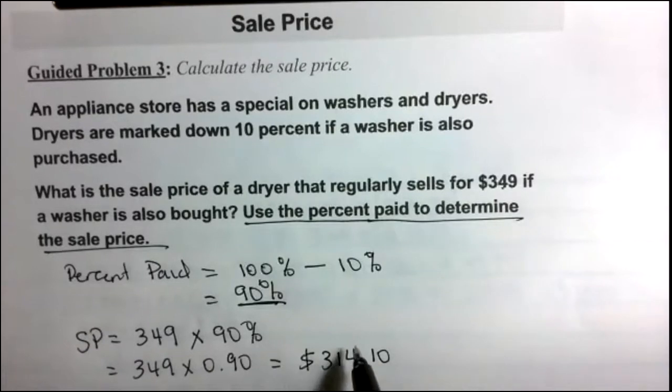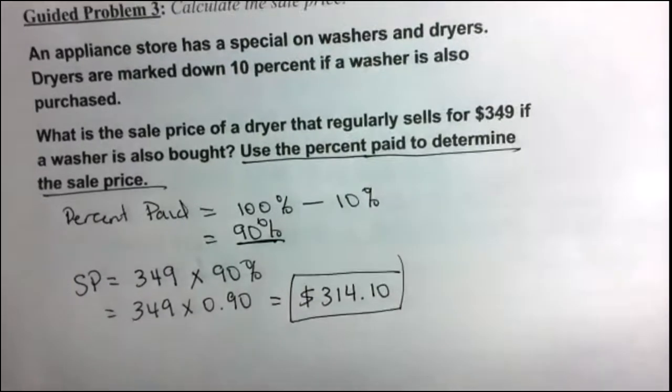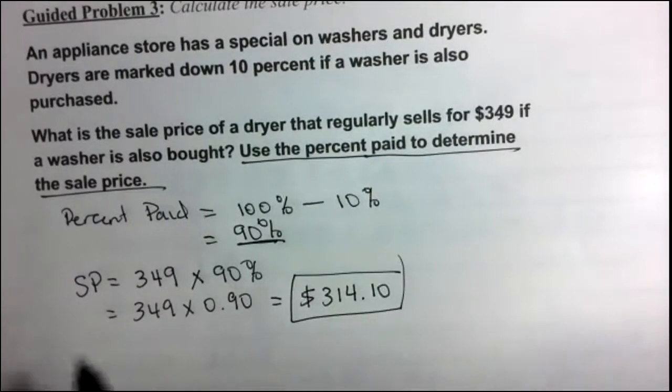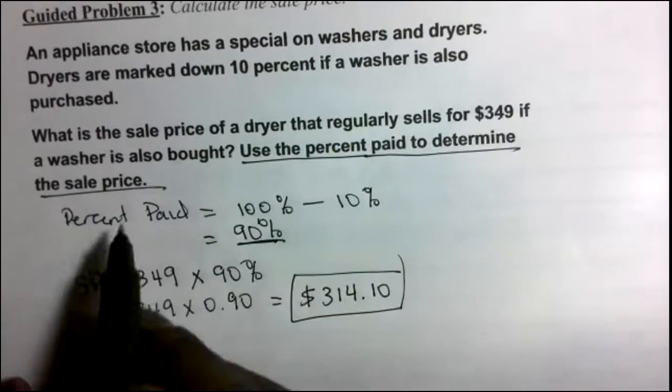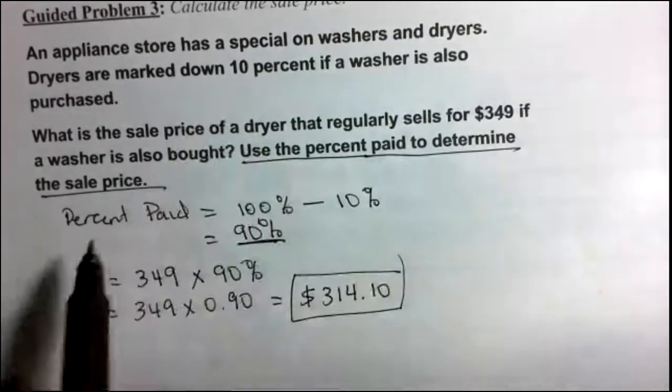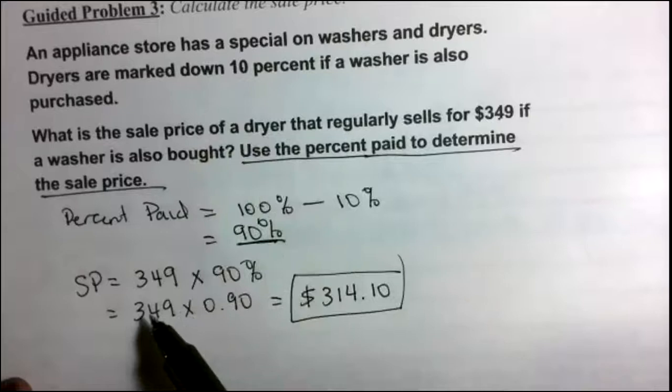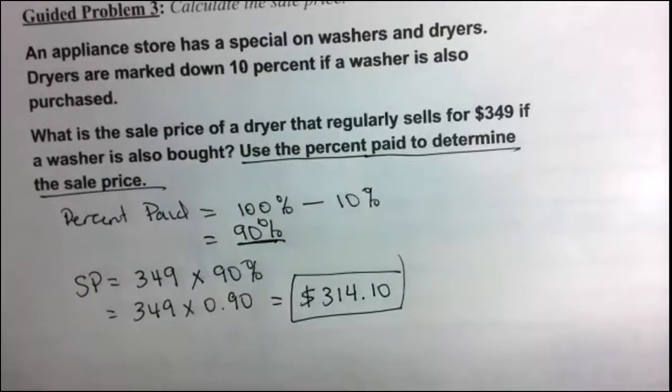So this is what I'm going to pay for the item. Again, you didn't have to do it this way. You could have solved it the other way by finding the markdown, which is 10%, and then subtracting that from the regular selling price to find the sales price.